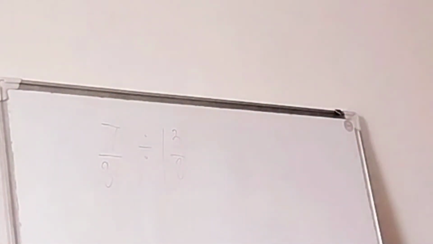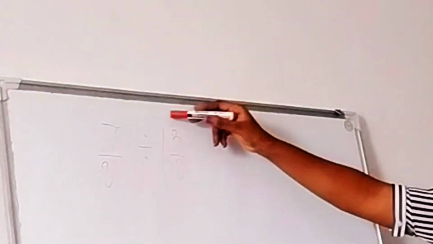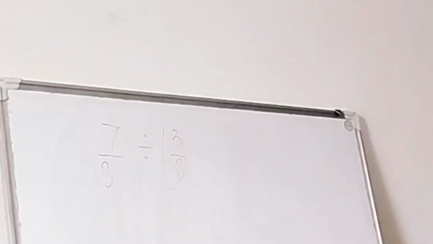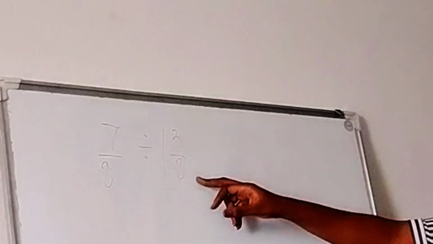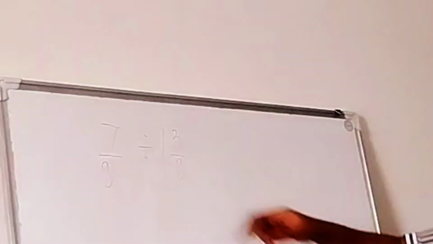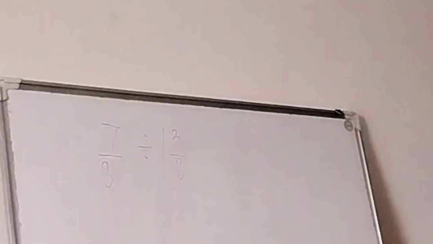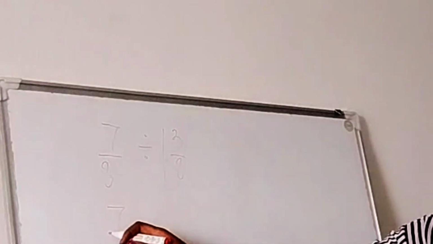So it's very simple. First of all, we'll convert this mixed fraction to an improper fraction. So if we convert this, it's 1 times 8, plus 3, giving us 11. So it will be 11 over 8. So 7 over 8 divided by 11 over 8.